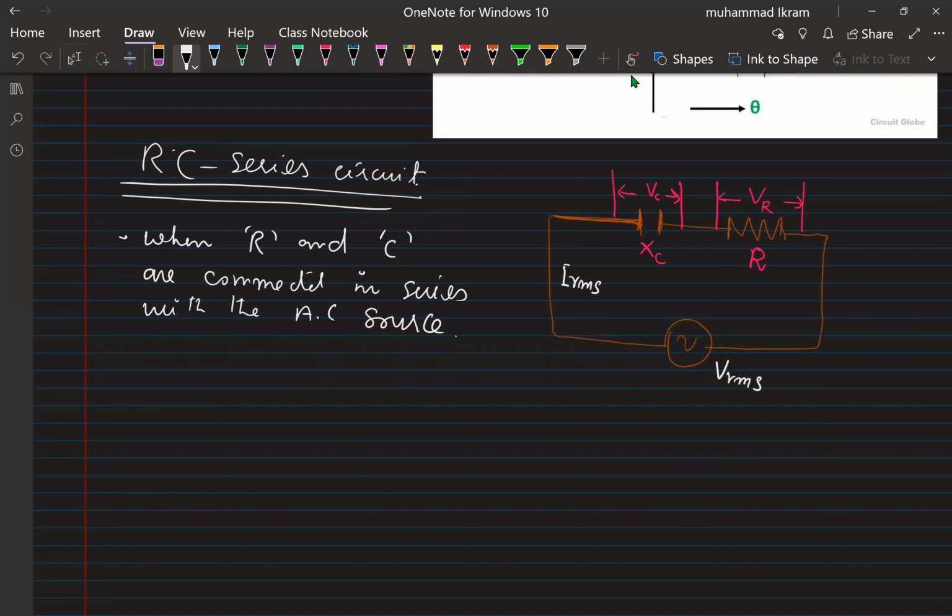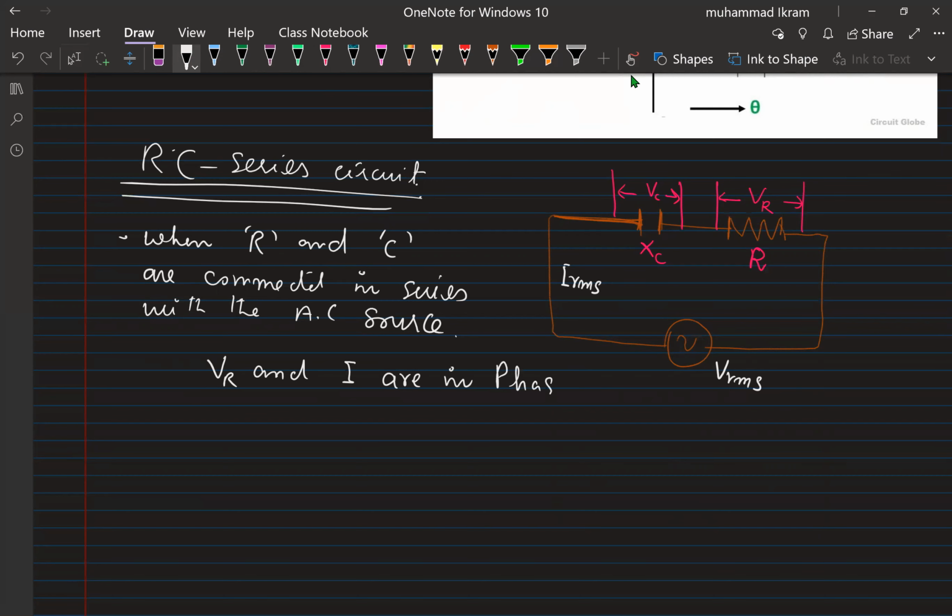As we know from the previous topic, VR and IRMS are in phase.